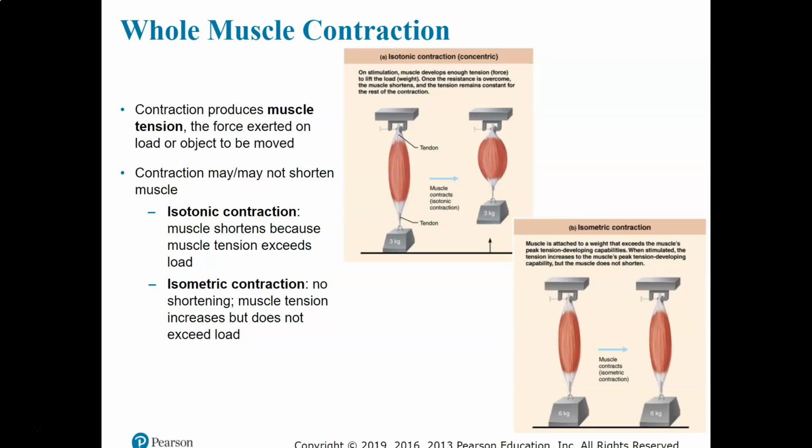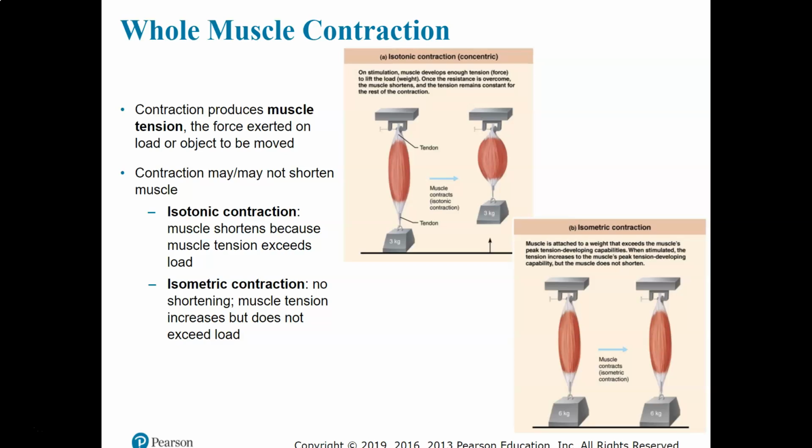So contraction, when the myofilaments slide past each other, is going to produce what's called muscle tension, the force exerted on a load or object to be moved. Contraction may or may not actually lead to the muscle itself shortening.